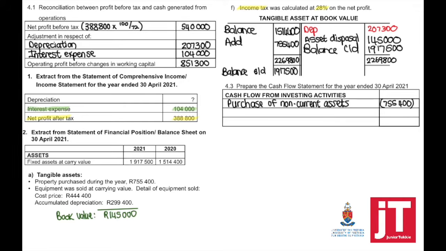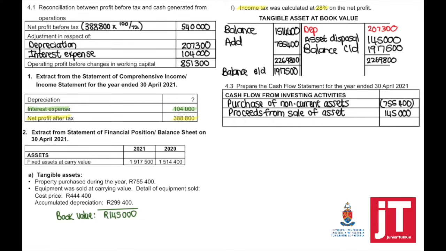But from that, I could also have disposed of a specific asset. So when we look at the purchase of non-current assets, that is an outflow, so it must be shown in brackets. Proceeds from sale of asset is an inflow, therefore no brackets.